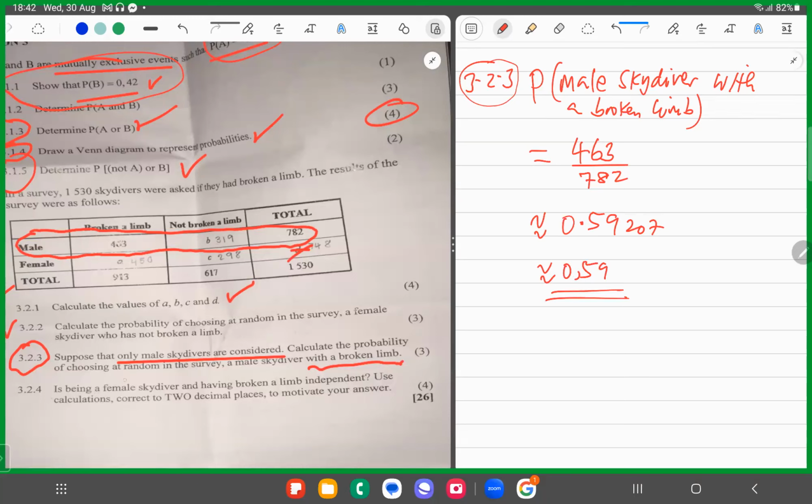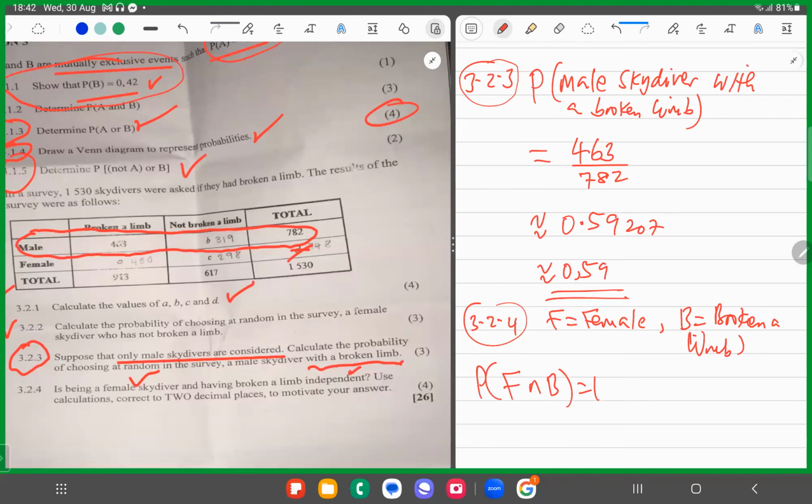Is being a female skydiver having broken a limb independent? We used independence. For independence in 3.2.4, we are looking at the probability of F, which stands for female, and having broken a limb, B would mean broken a limb. So it means the probability of female and broken a limb is the probability of female times the probability of broken a limb.